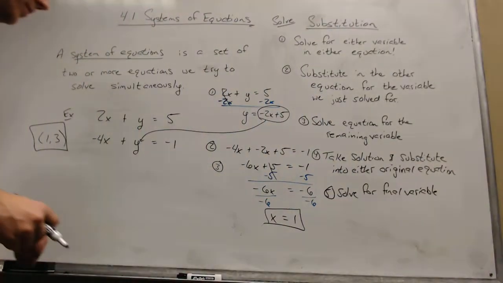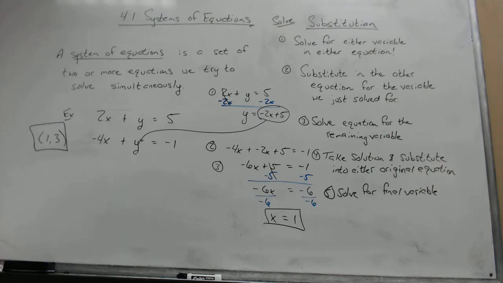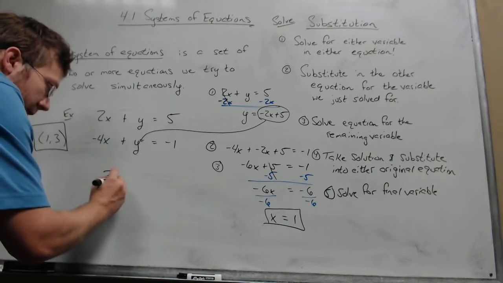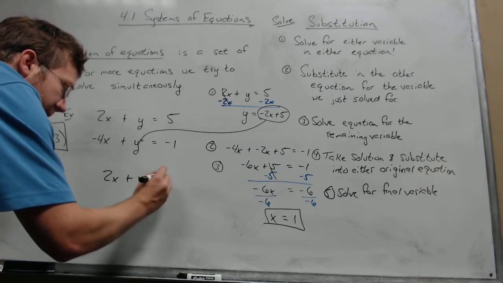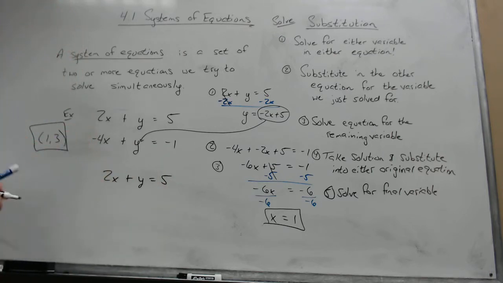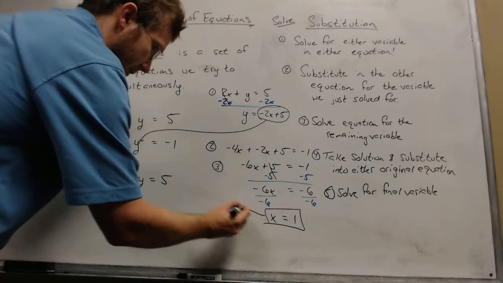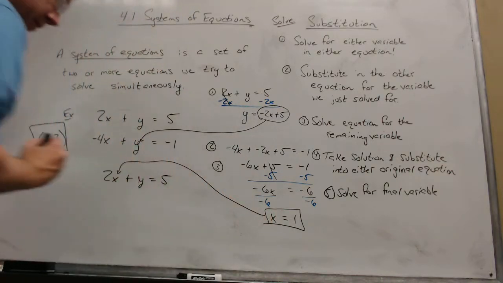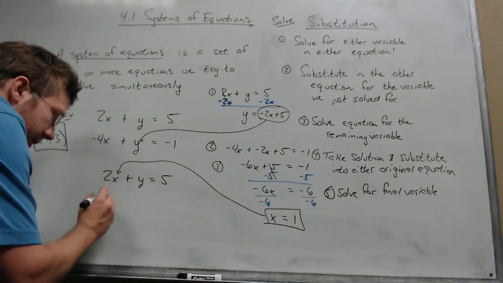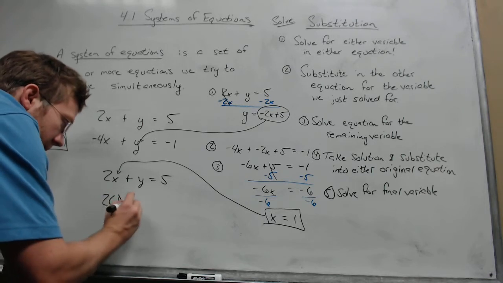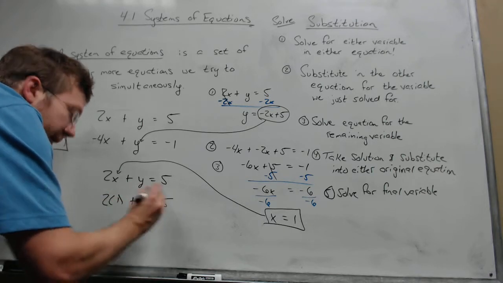These last two steps we'll show right over here. I'm going to use this equation, the top one, 2x plus y equals 5. It doesn't matter which one I choose, but we're going to take this x value and substitute it in for x. So we have 2 times 1 plus y is equal to 5.